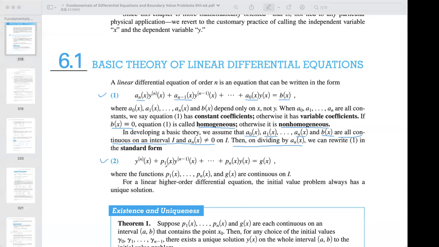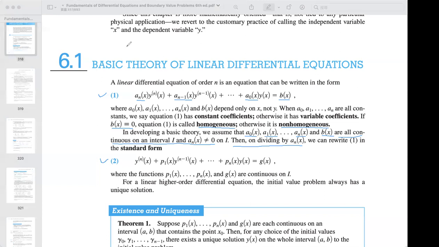P_1(x) will be a_{n-1}(x) divided by a_n(x), and so on. a_0(x) becomes P_n(x), which is a_0(x) divided by a_n(x). And the same, G(x) will be b(x) divided by a_n(x). And we require P_1(x), ..., P_n(x), and G(x) to be continuous on I.